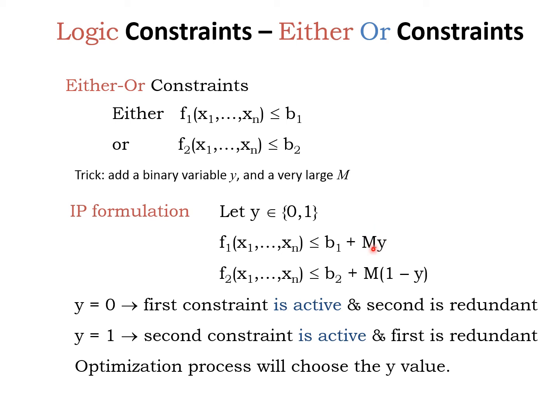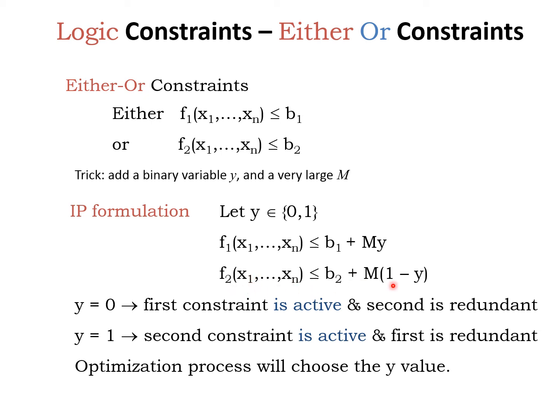So when y is 0, this part of the first constraint disappears, and the constraint becomes f1 less than or equal to b1, while the second constraint, because y is 0, becomes plus M times 1, which is M. M is a very large number, times 1, plus b2, it doesn't matter, so it's less than M. M is kind of like infinity, and we're saying that f2 is less than infinity.